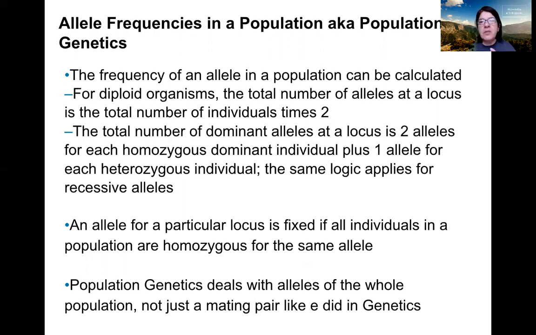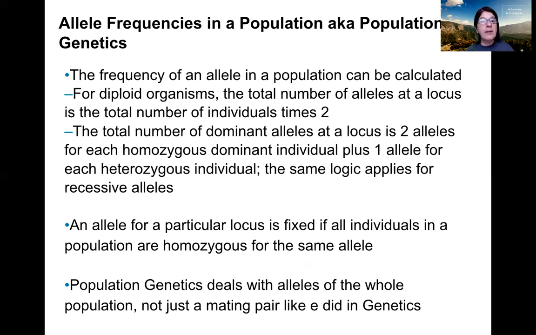It's very simple. Diploid organisms, the total number of alleles at a locus is the total number of individuals times 2, right? Because we have 2 copies of each gene. The total number of dominant alleles at a locus is 2 alleles for each homozygous dominant individual, right? Because the homozygous individual has 2 dominant alleles.